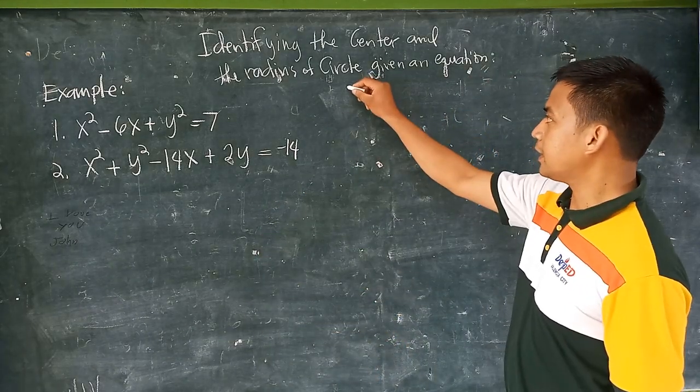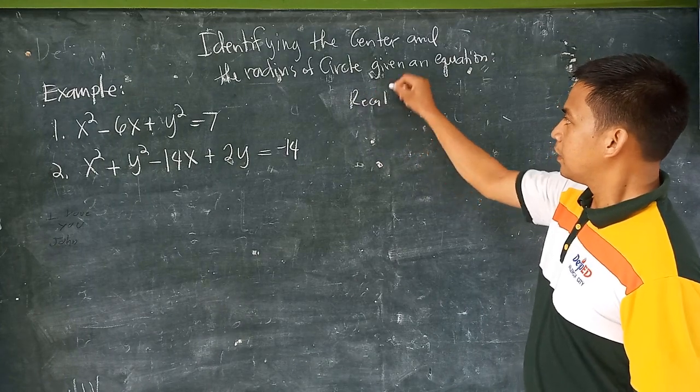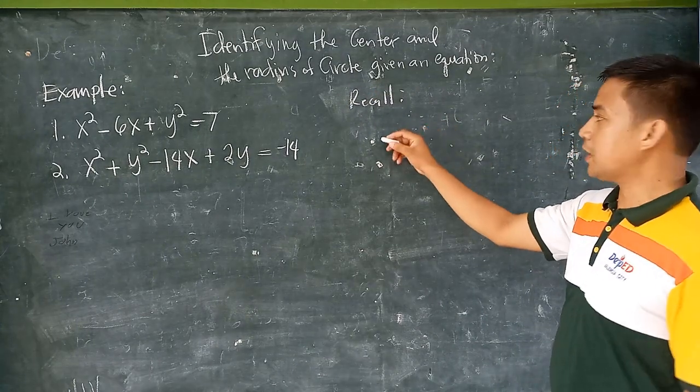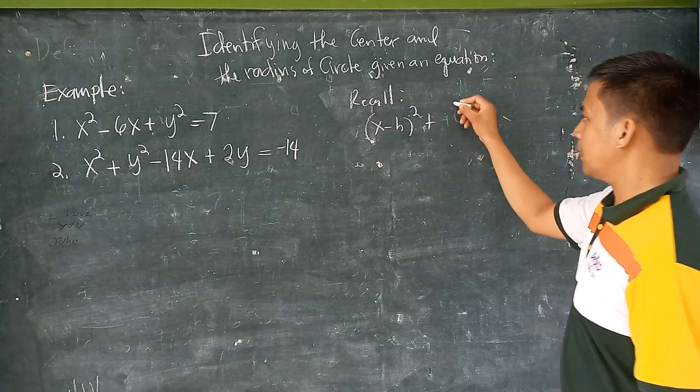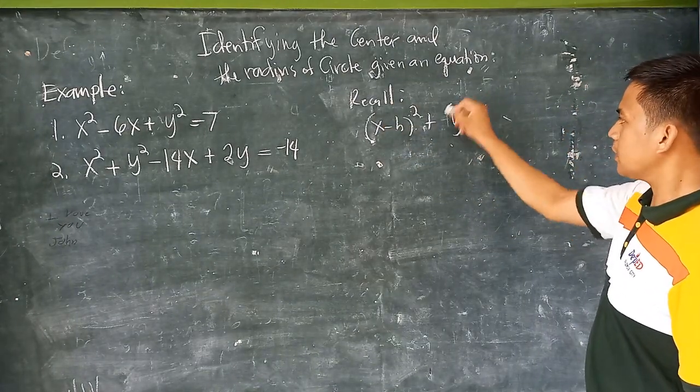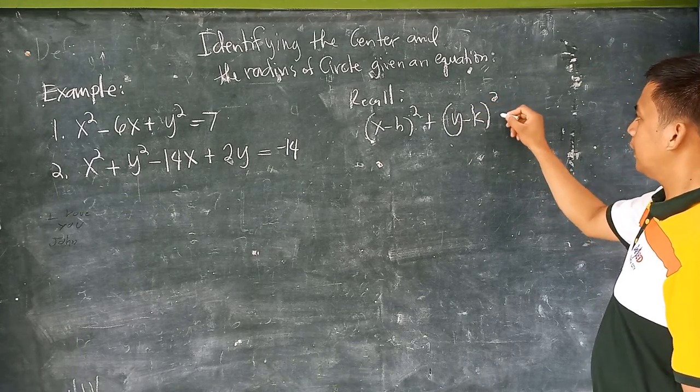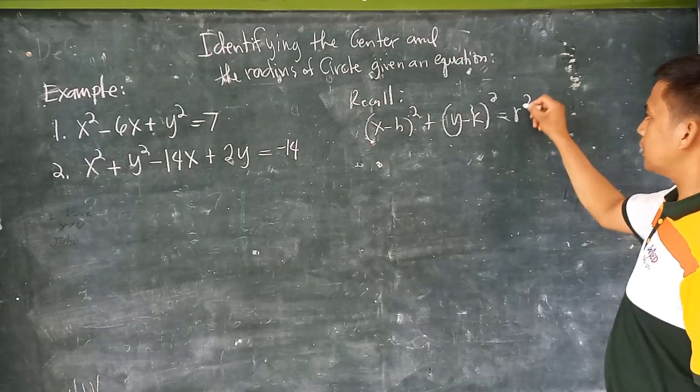So recall that the standard equation of the circle is (x minus h) squared plus (y minus k) squared equals r squared.